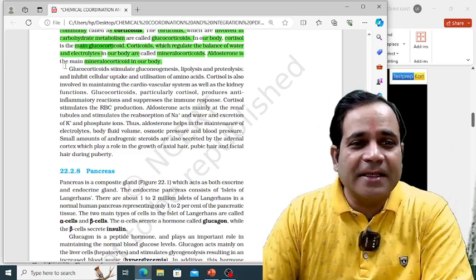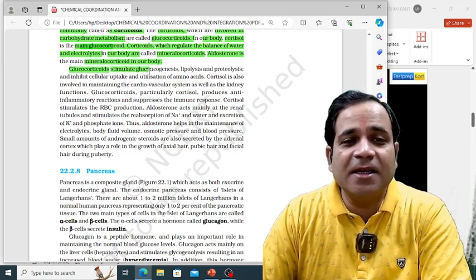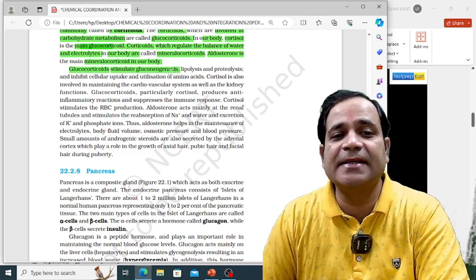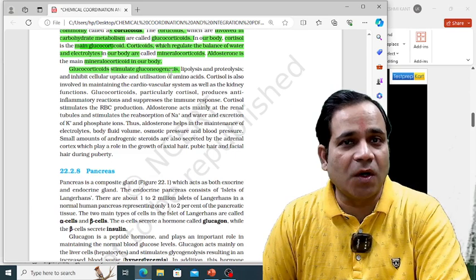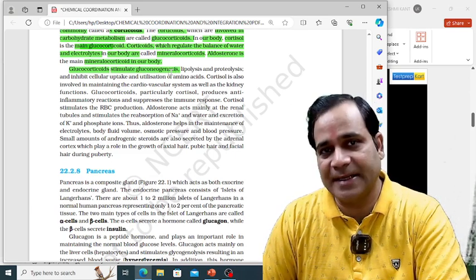Now see here, the glucocorticoids stimulate gluconeogenesis. Glucocorticoids and mineralocorticoids are the two types of hormones secreted from the adrenal cortex region.